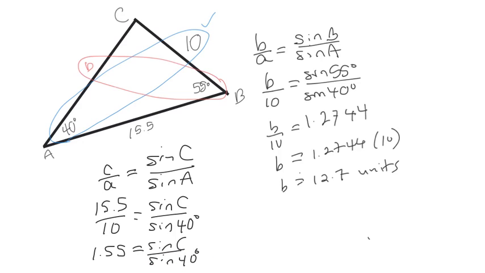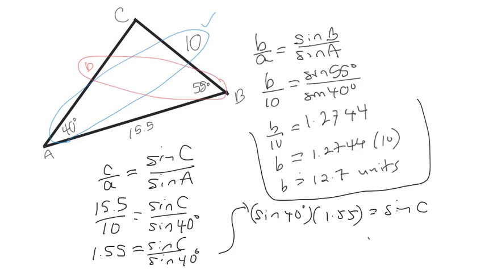Now that I can just get from my calculator. So I'm going to work out the sine of 40 and then multiply both sides by it. To show that step explicitly, I'm going to take sine of 40 degrees and multiply it by 1.55. And that will equal sine C.